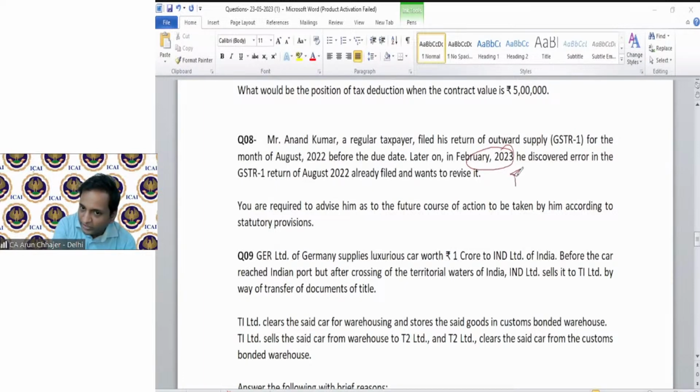You also need to mention the time limit to rectify the mistake. What is the time limit? Can you please tell me what is the time limit to rectification of error?